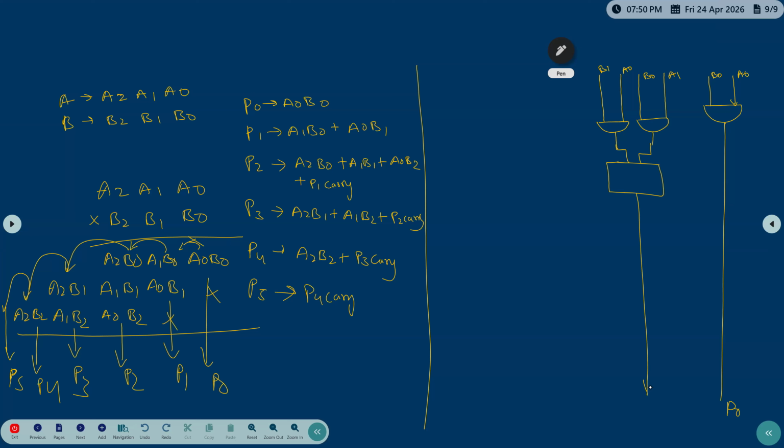You get the sum, which is P1. The carry we will wait on; this carry will be here. This is a half adder.